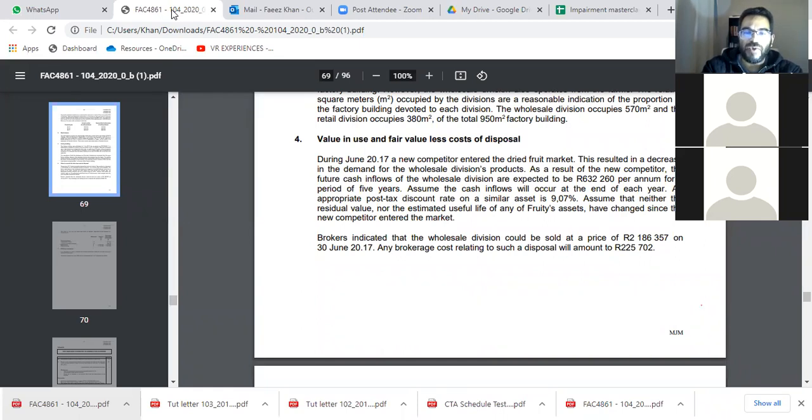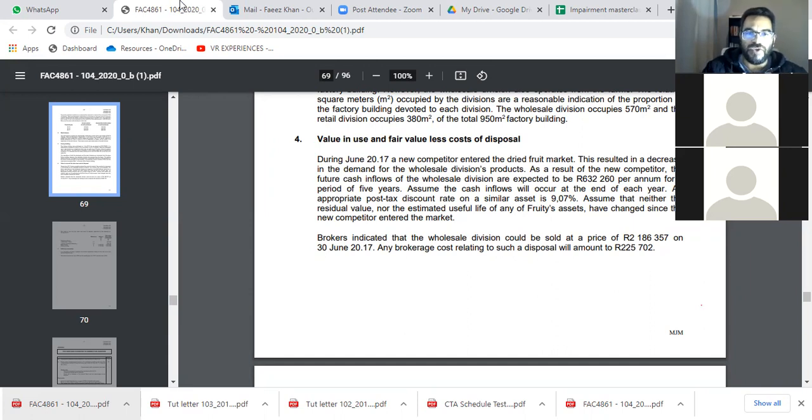Assume the cash inflows will occur at the end of each year. An appropriate post-tax discount rate on a similar asset is 9.07%. Assume neither the residual value nor the estimated useful life of any assets have changed since the new competitor entered the market.